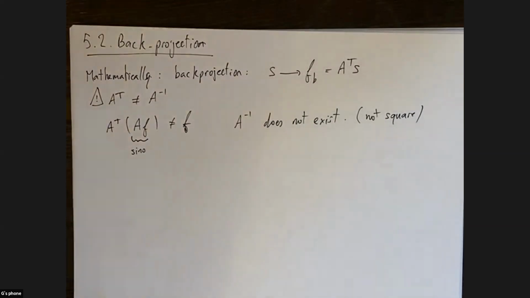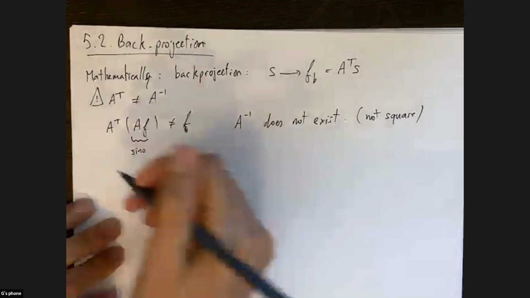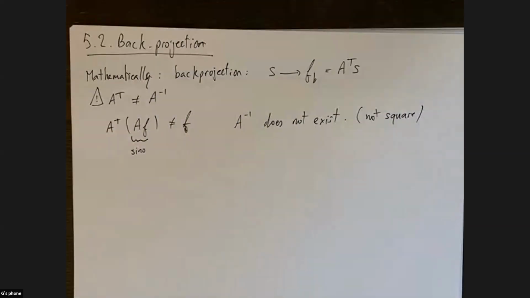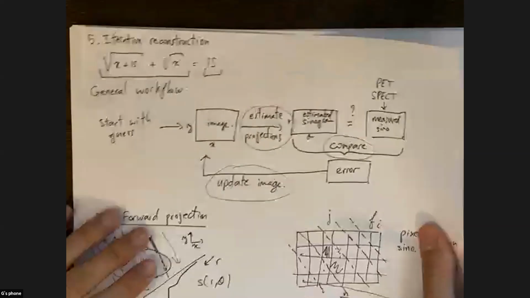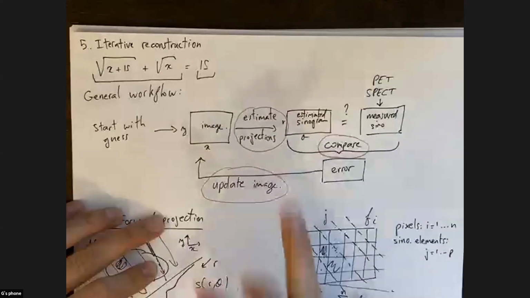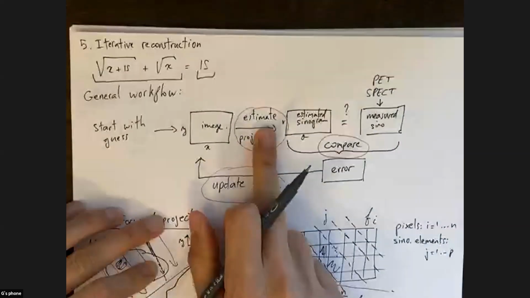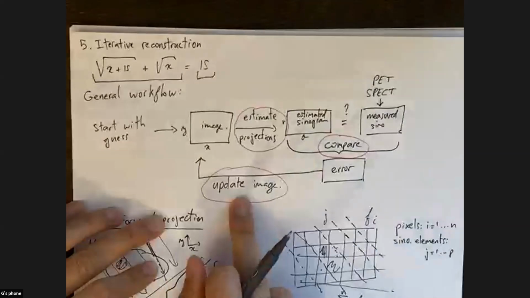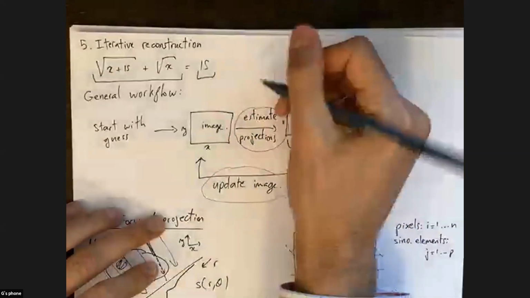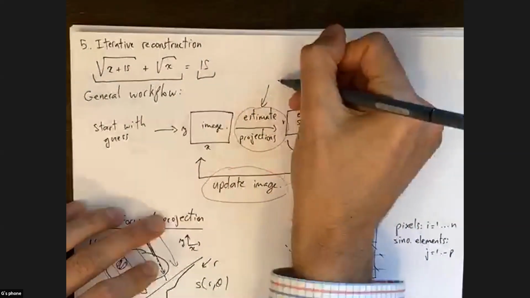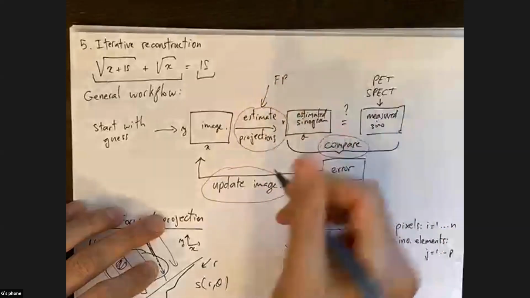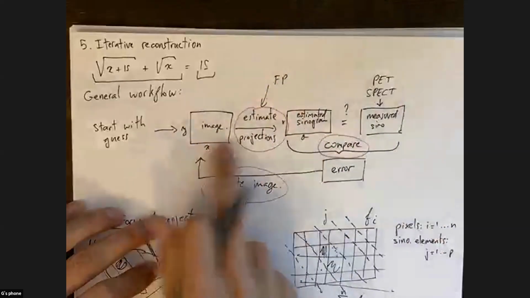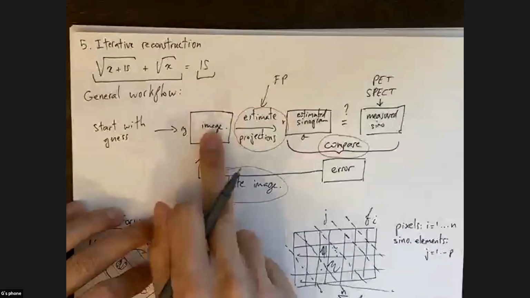All right, so now I've introduced those two operations, forward projection and back projection, and we can use them for iterative reconstruction, right? Just going back here, remember we mentioned we're going to talk about three things: how to estimate projection, how to compare projections, and how to update the image. So this is going to be our forward projection, which is used to generate sonograms that correspond to a given image.